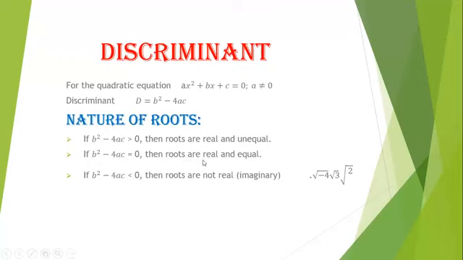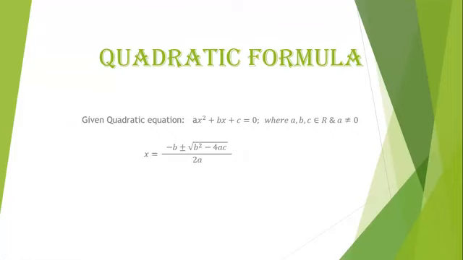If you see the previous formula, what is left is only minus b upon 2a, because the plus minus root of b square minus 4ac comes to 0. So both values of x will be equal to minus b upon 2a.